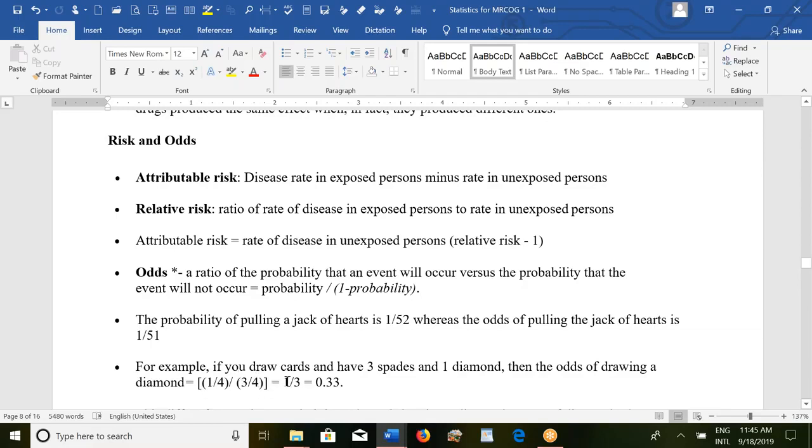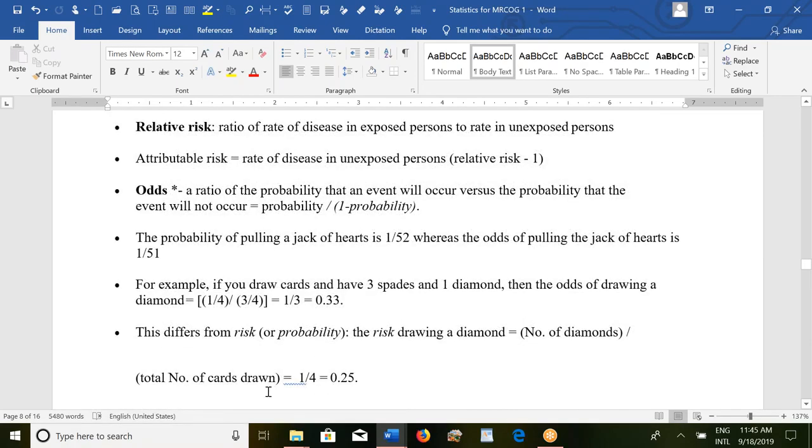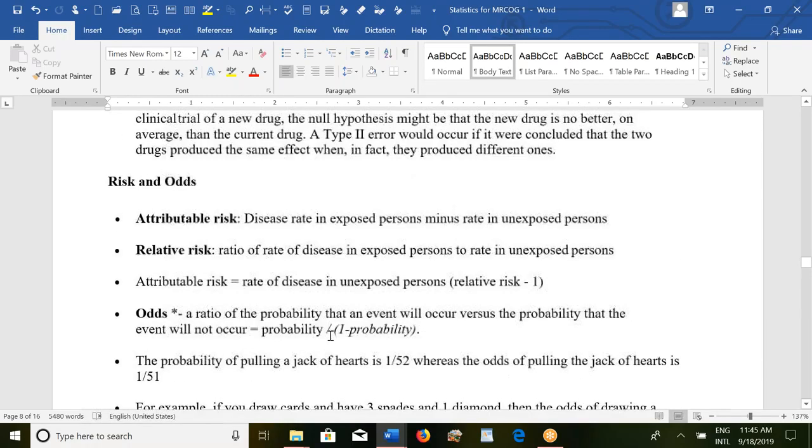They will not ask you to calculate it. So the odds are going to be just 0.33. This differs from the risk or probability. The risk of drawing the diamonds is equal to the number of diamonds divided by the total number of cards drawn. You have taken out 4 cards, so you will divide 1 by 4, so you are going to get 0.25. You should just focus on the definitions.